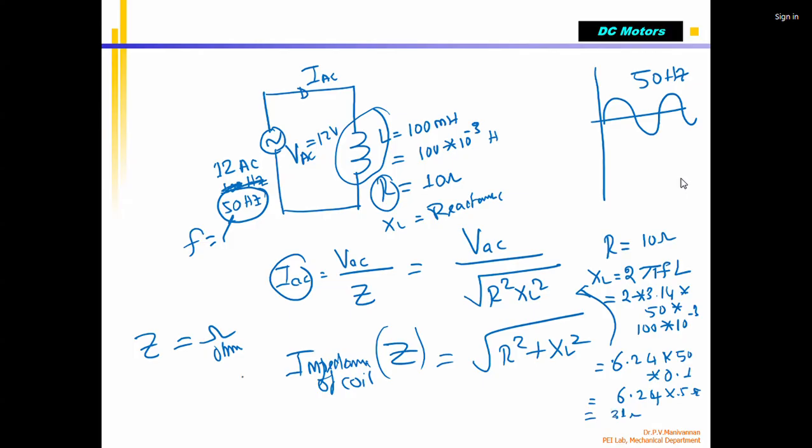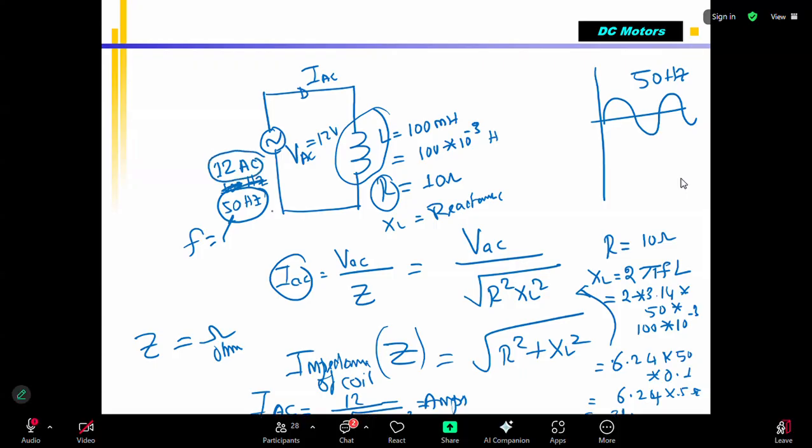So now what is my current IAC? The IAC flowing through the inductive coil is VAC, 12 volts, divided by the square root of 10 square plus 31 square. You can see the voltage is the same 12 volts, but it's an AC voltage with a frequency of 50 hertz, and automatically the current is considerably reduced.